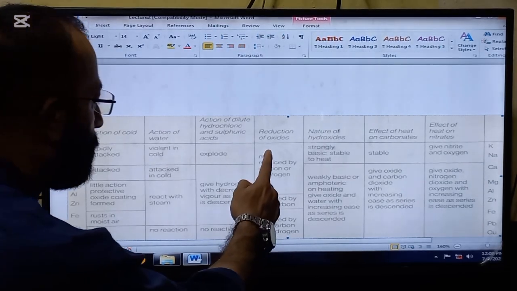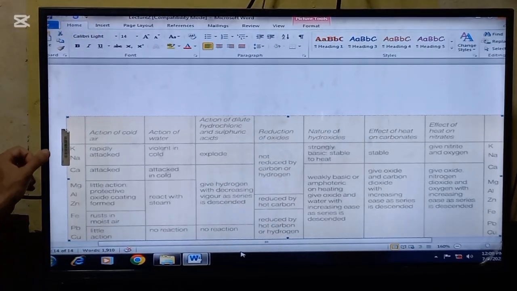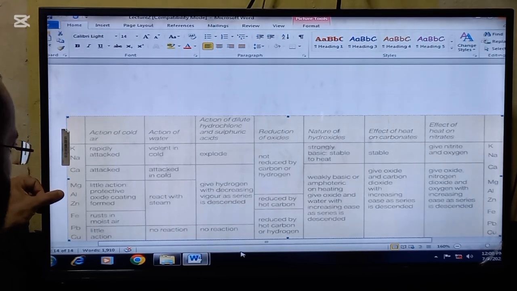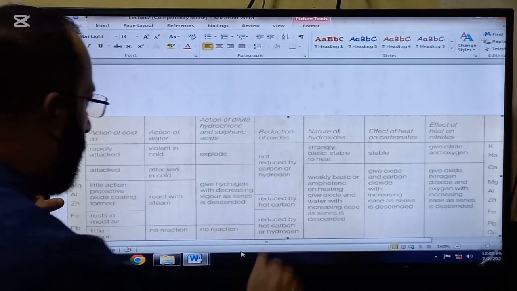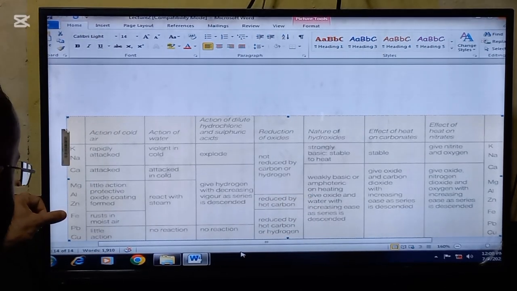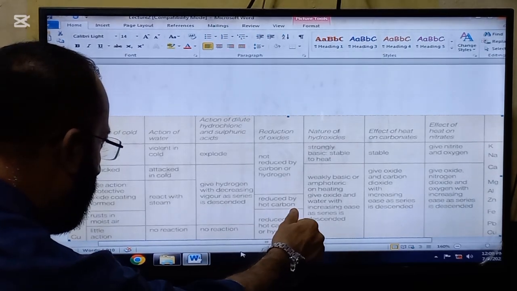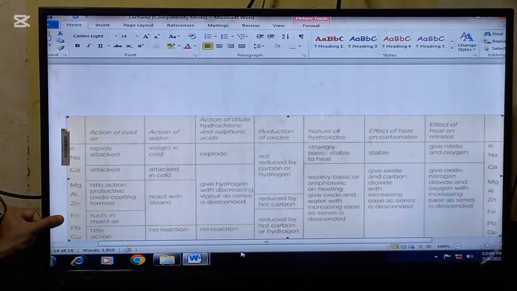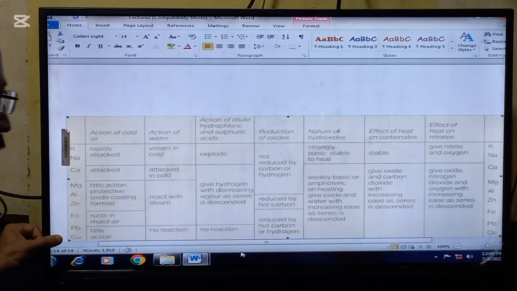Next thing that we are going to read is the reduction of the oxides. Potassium, sodium, calcium, magnesium, aluminium are not reduced by carbon or hydrogen. Then zinc is reduced by hot carbon. Then iron, lead, and copper are reduced by hot carbon or hydrogen.